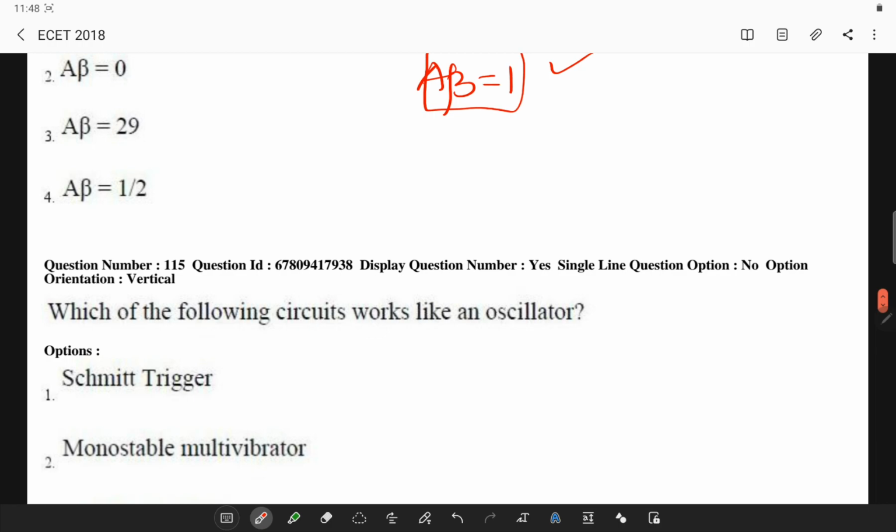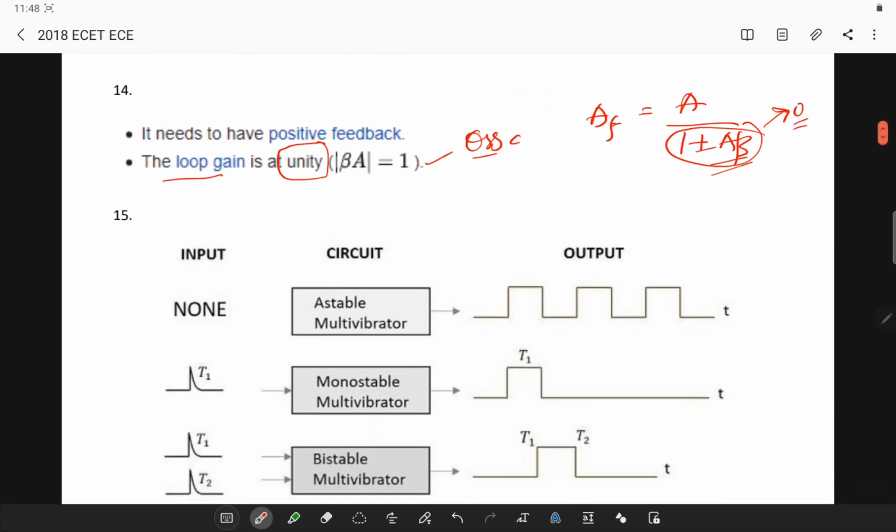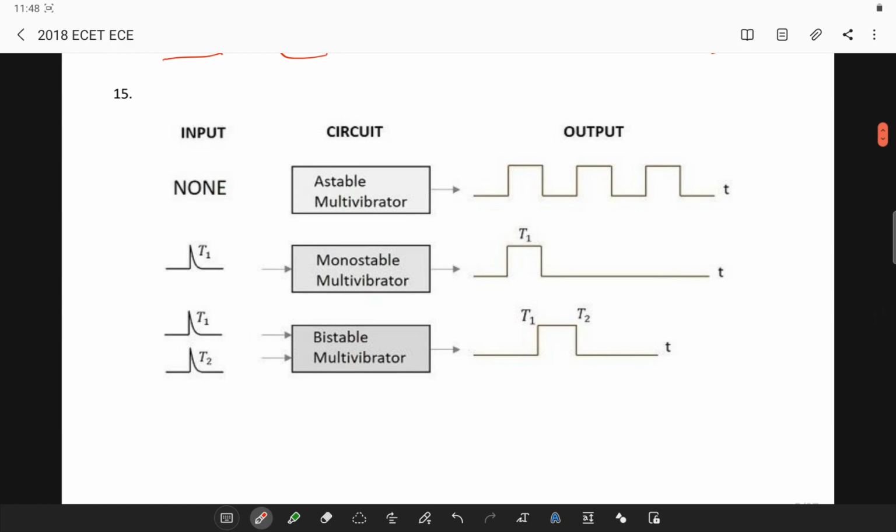Next, which of the following circuits will be working as an oscillator? The student has to remember what exactly an oscillator is. If you imagine the output waveforms of these, you will understand it. In a monostable multivibrator, based on the trigger, you will have only one stable state. In a bistable multivibrator, you will have two states.